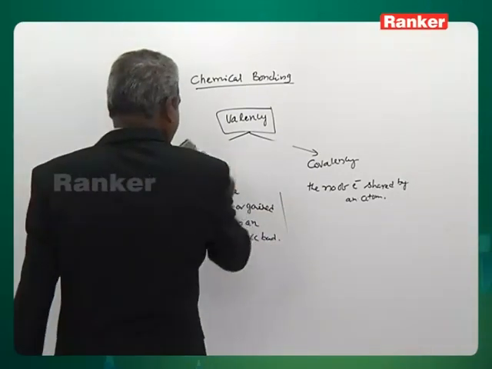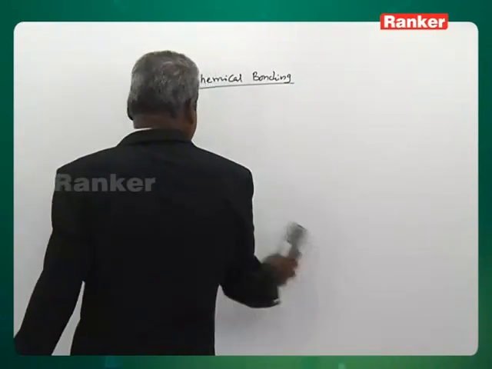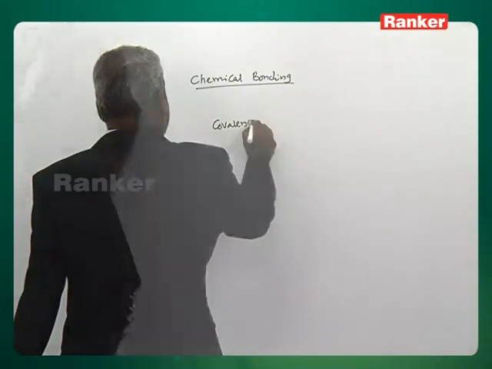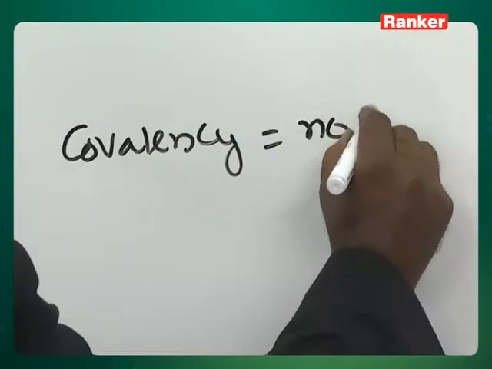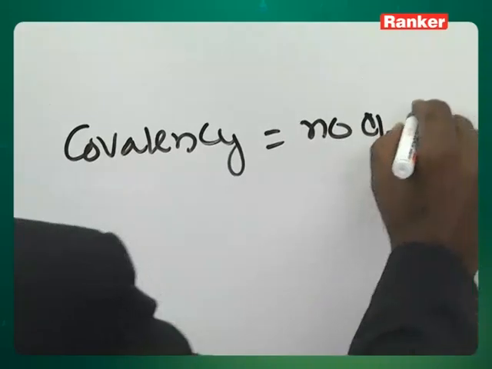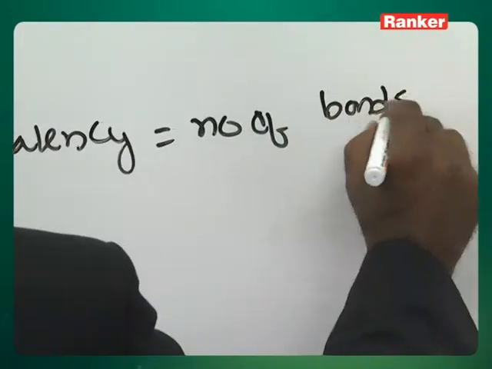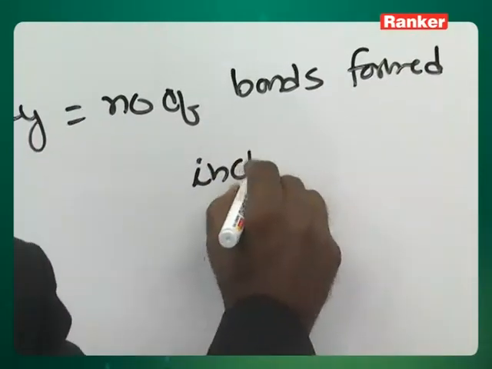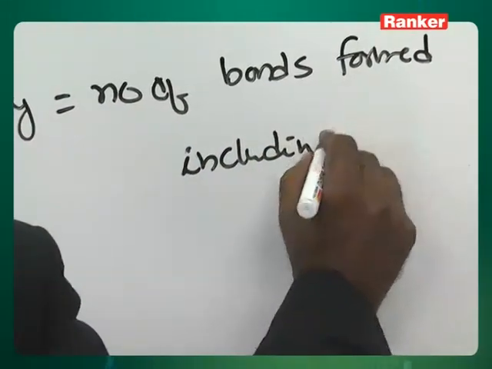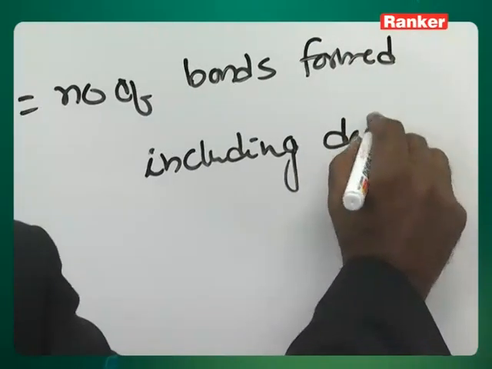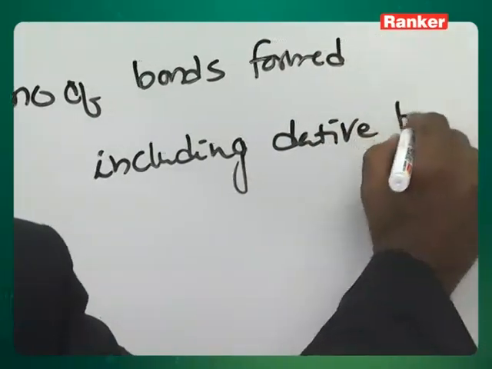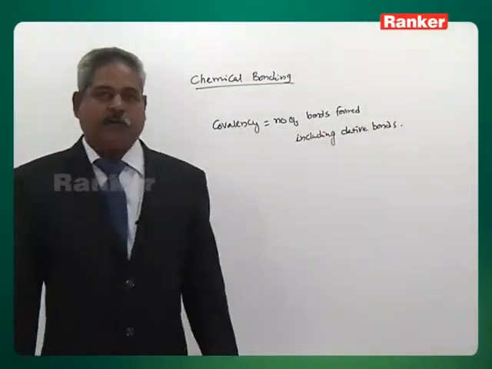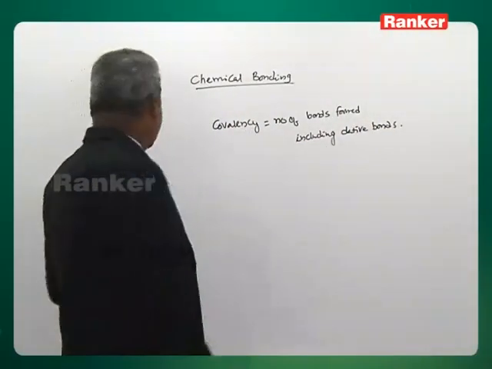But this covalency is somewhat hidden. We have to find this out. So, covalency is equal to the number of bonds formed, including dative bonds. Dative means coordinate covalent. So, the covalency should include the number of dative bonds also.